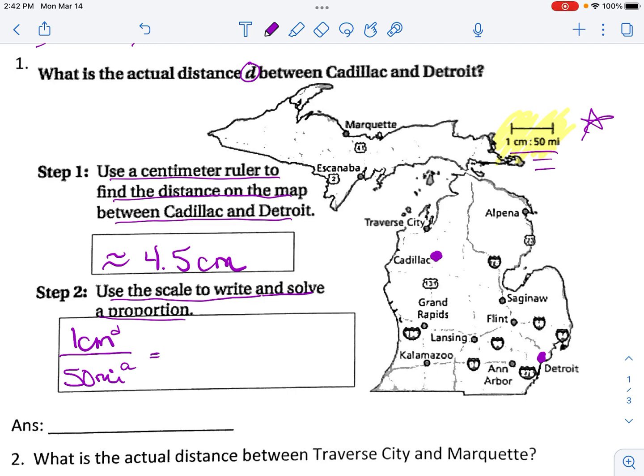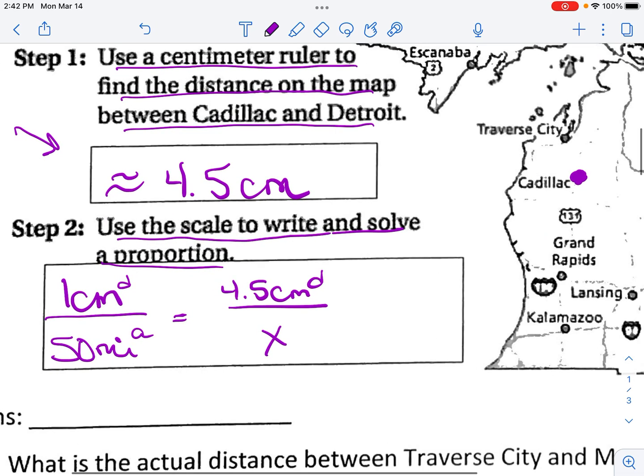Then we're going to set up what we know. In the drawing, it's 4.5 centimeters from Cadillac to Detroit. We're trying to find the actual. Now we're going to solve this like a proportion using cross products. So 1 times x is 1x, and you're going to do 50 times 4.5.